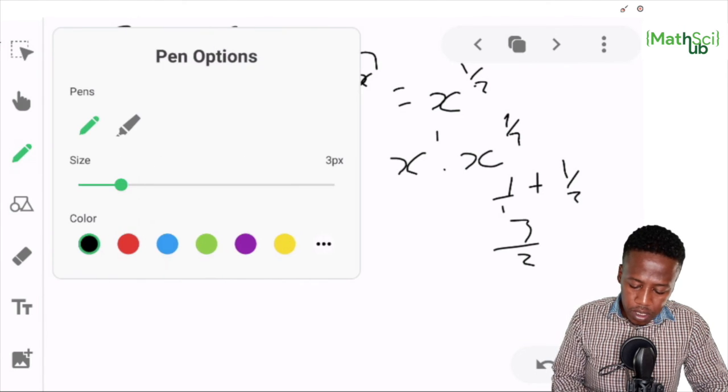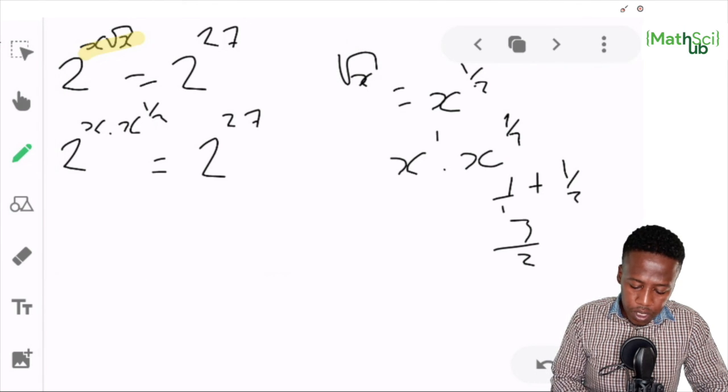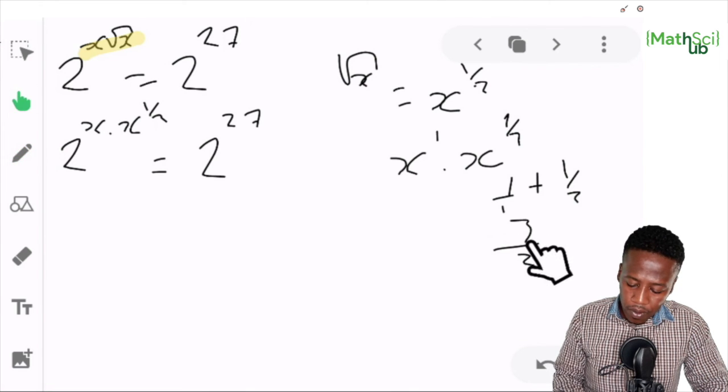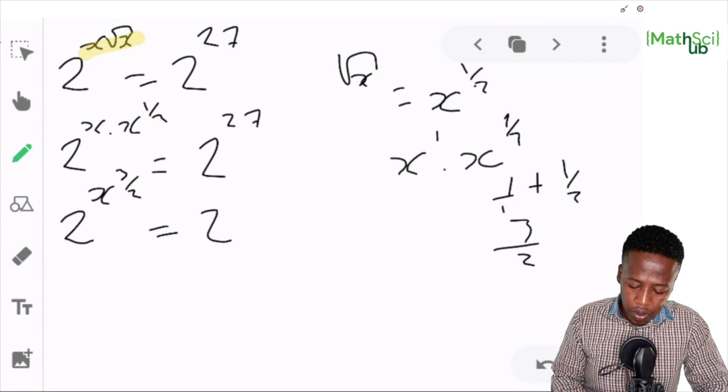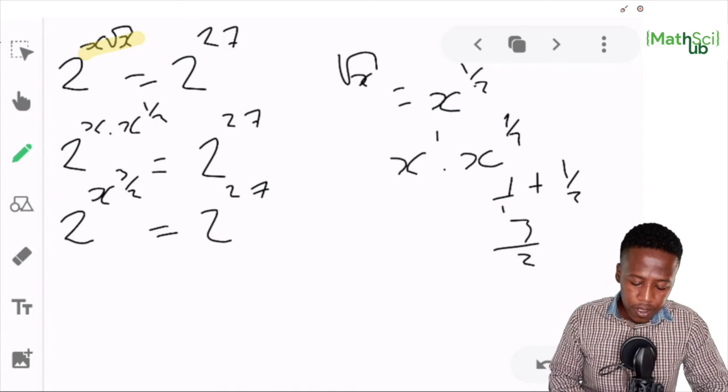Going back to our equation, after doing this, we can have 2 to the power of x to the power of 3 over 2 equals 2 to the power of 27, right?